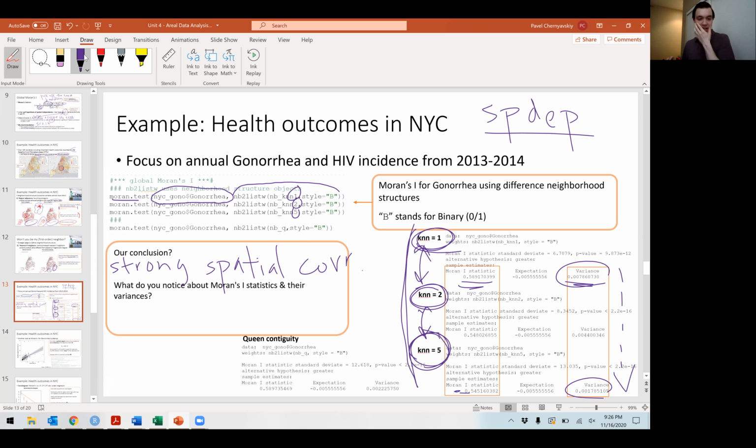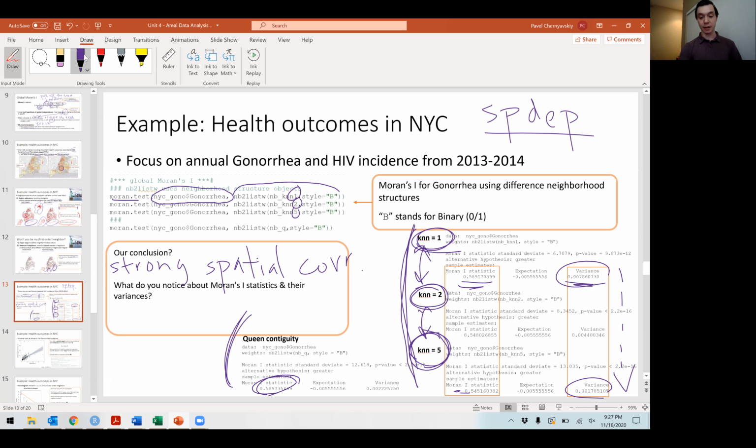What do we notice about the statistics and their variances? As we introduce more disparate areas, Moran's I tends to decrease, as does the variance. What happens with the queen contiguity? Well, you know what? It didn't change the game. It didn't change our conclusion. Moran's I is somewhere in between. Well, in fact, no, I'm wrong.